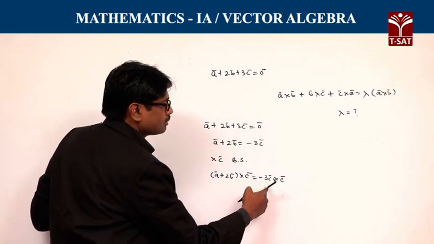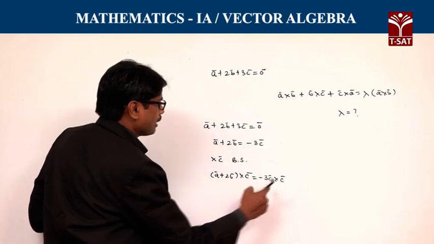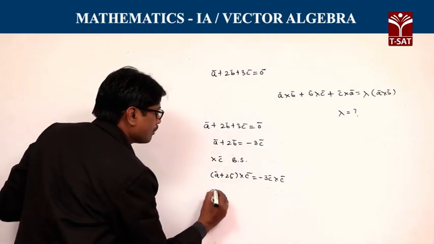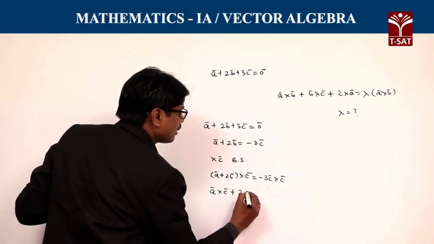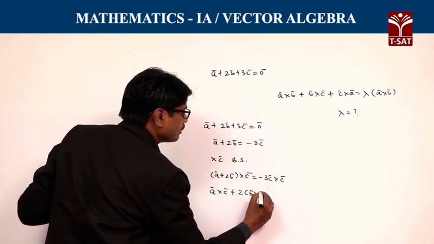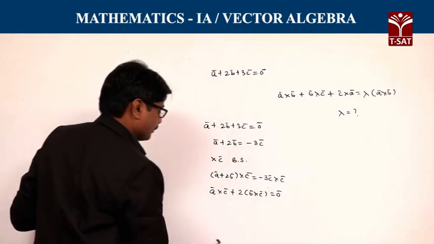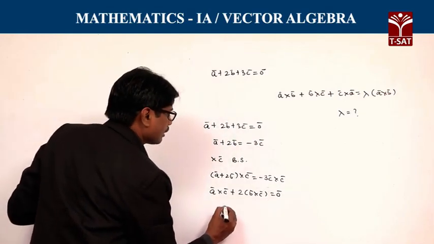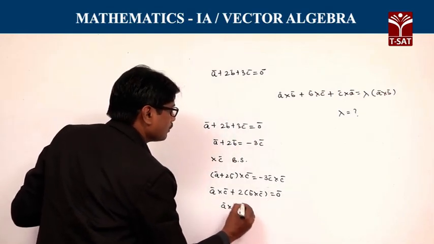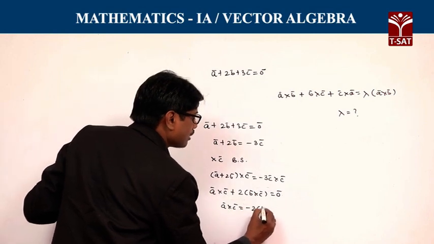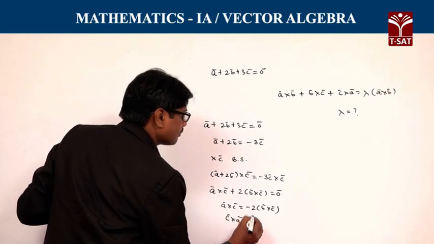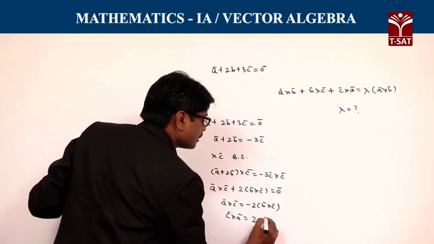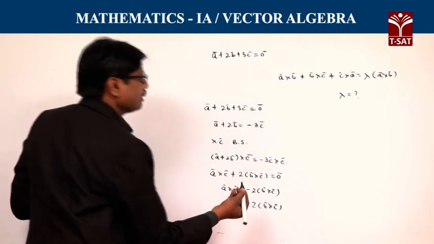Earlier also just now we discussed C cross C equal to 0 bar. So that will be A bar cross C bar plus 2 times of B bar cross C bar is equal to 0 bar. And we got A bar cross C bar is equal to minus 2 times of B bar cross C bar, or C bar cross A bar is equal to 2 times of B bar cross C bar, removing the negative symbol.